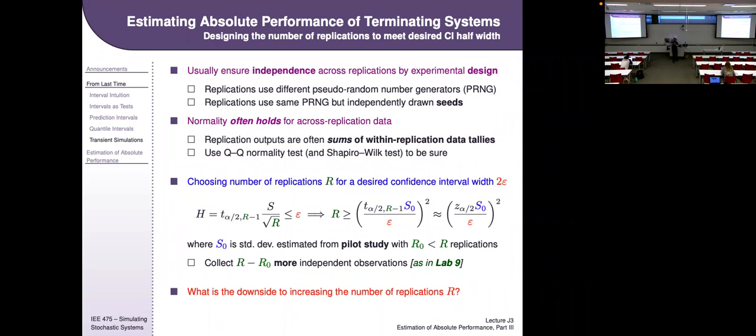Right. In the real world, if you're running experiments out in the real world, for sure. But even in sim, what's the downside? That's right. So in the real world, it costs every time you run an experiment. Every replication is dollars, right? It could be $100, could be $1,000 per replication. In the computer, every replication is time.